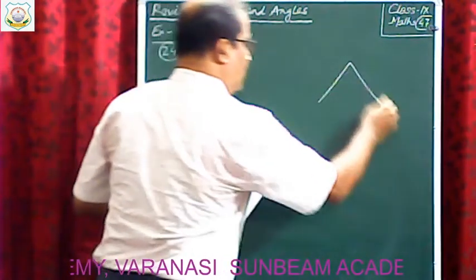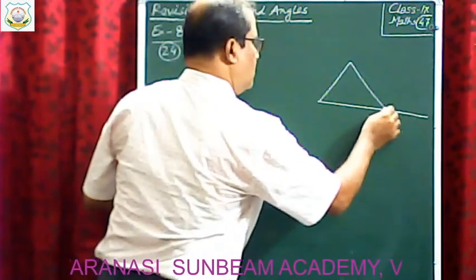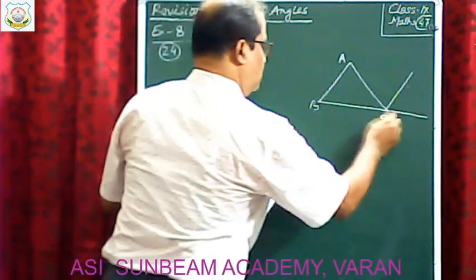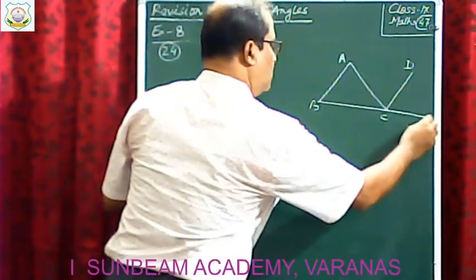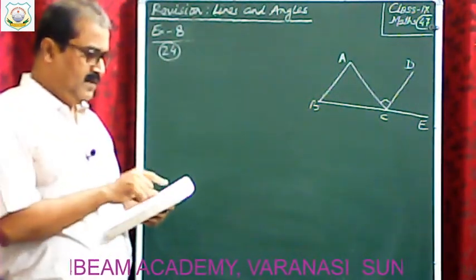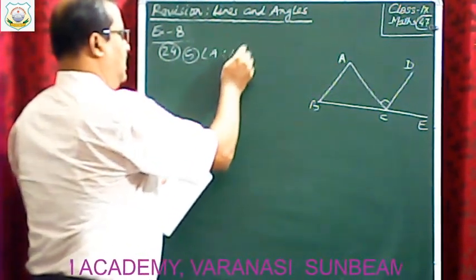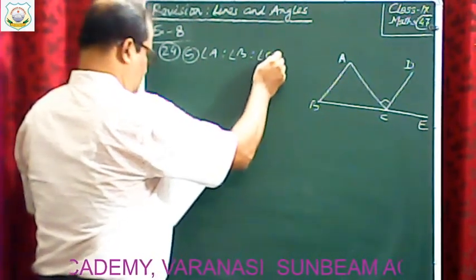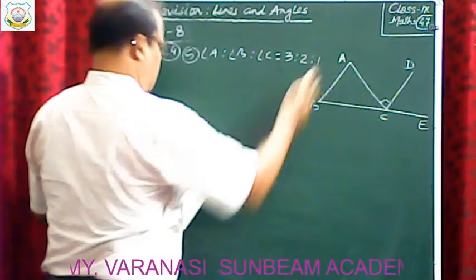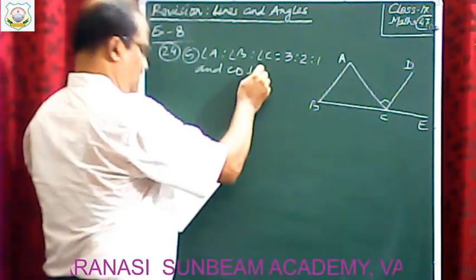Figure is given, draw the figure. A, B, C, D, E. In triangle ABC, it is given that angle A is to angle B is to angle C equal to 3 is to 2 is to 1, and CD perpendicular to AC.